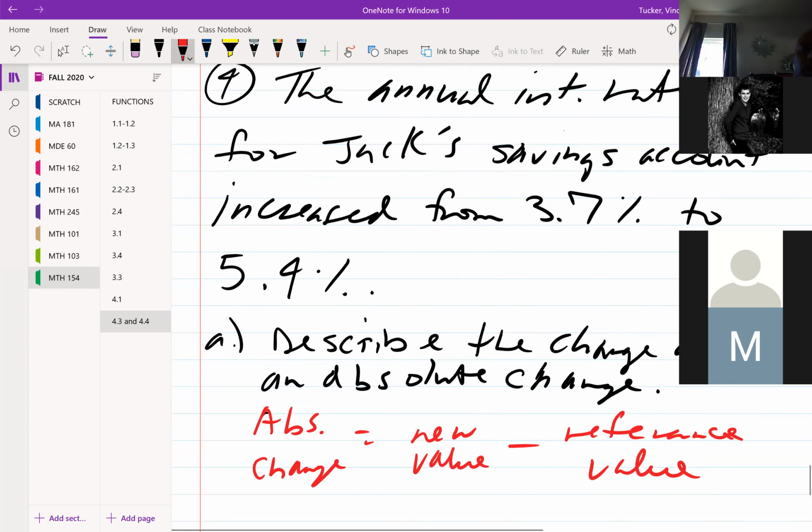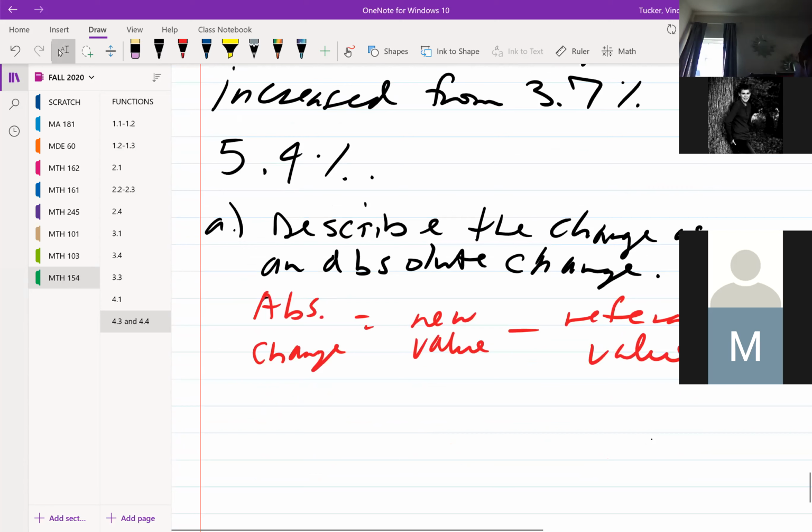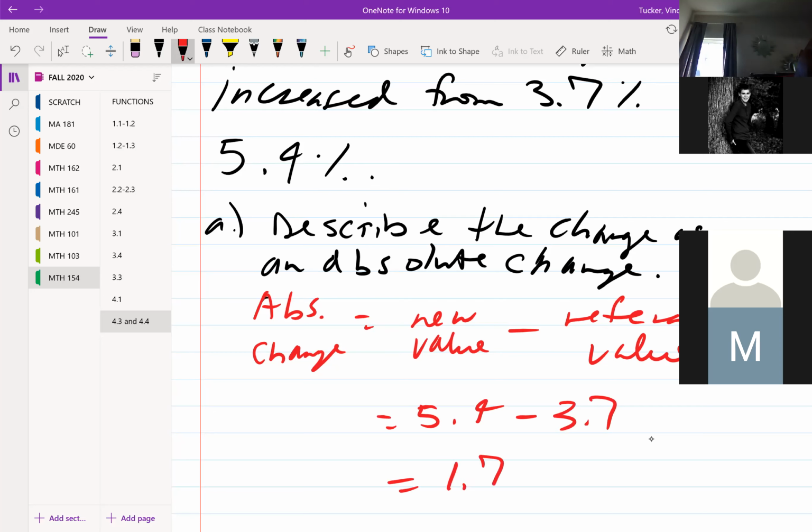All right, so it increased from 3.7 to 5.4. So to find the absolute change, just like we've done already, you do your new value minus your reference value. Your new value is 5.4. That reference or original value, 3.7. It's going to be 1.7.